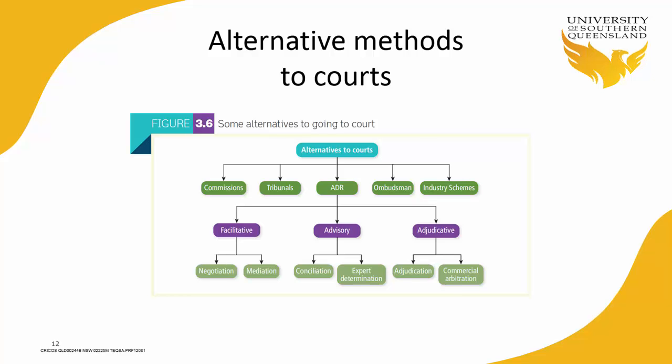Now, just like we saw the story of equity evolving from the common law, we also see here alternative methods of dispute resolution to the courts. Not necessarily alternative dispute resolution, which is the ADR mentioned on this slide in the middle, but there are also other possibilities, such as the ombudsman or the tribunals or the commissions, and even industry schemes.